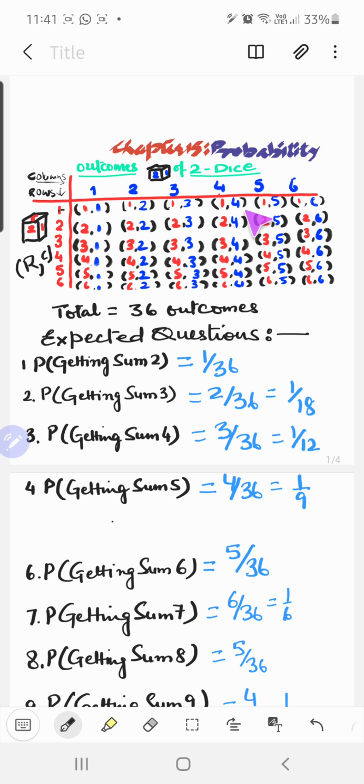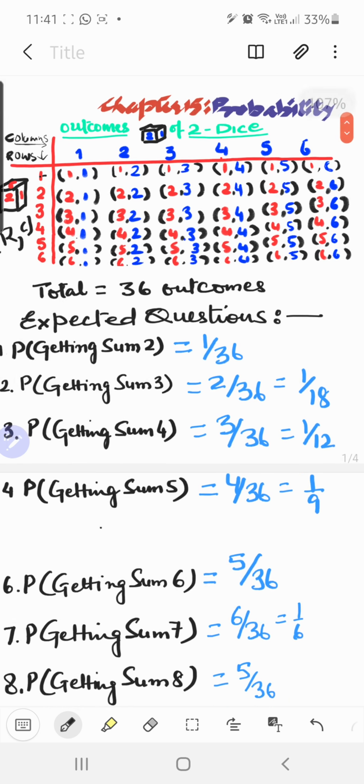So 1 and 4, 1 and 5, 1 and 6. Now this is 2 and 1, 2 and 2, 2 and 3, 2 and 4, 2 and 5, 2 and 6. In this way, you will write down all the total outcomes, and they are 36 in number.